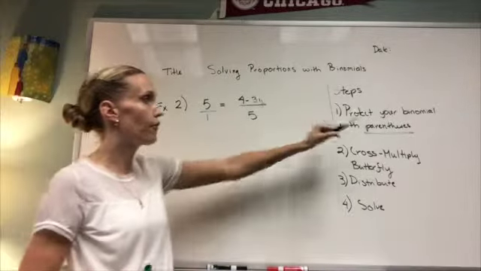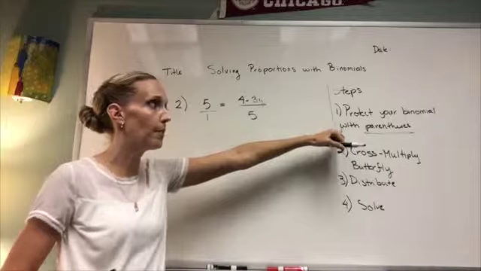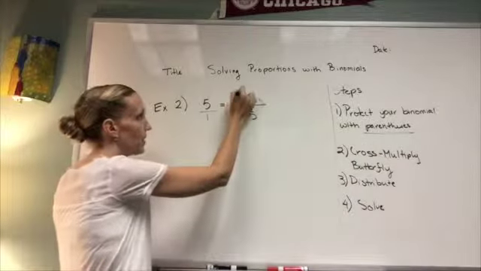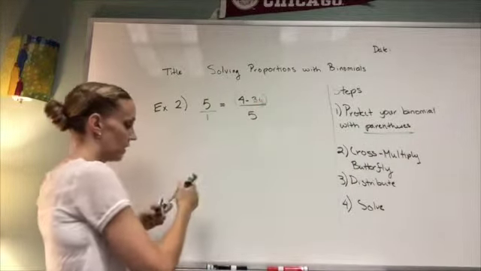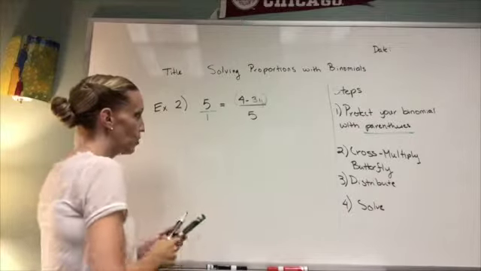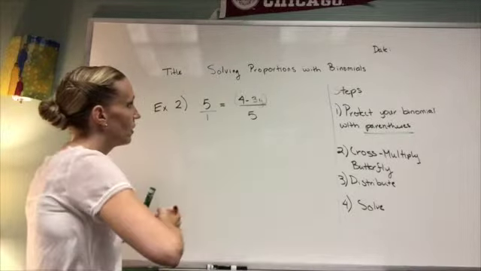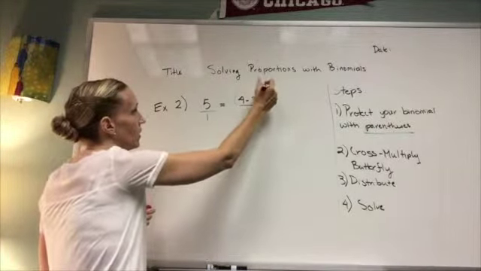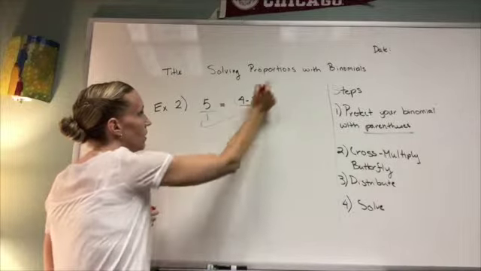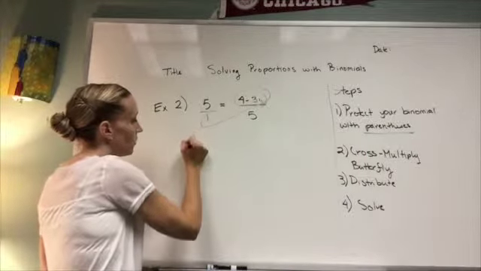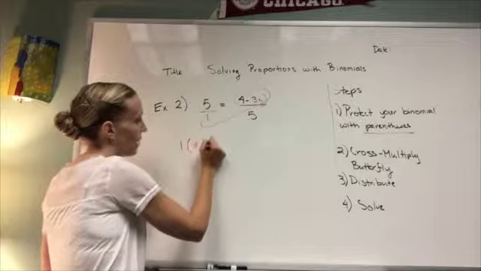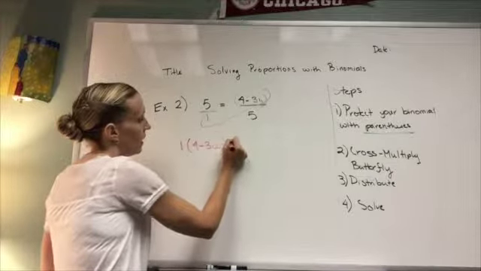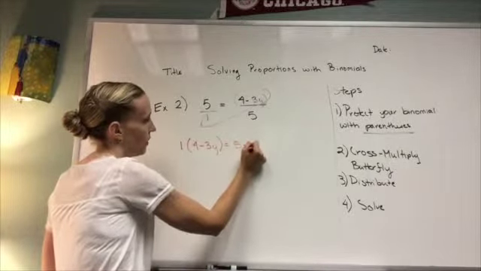And now I'm going to follow my steps. I'm going to protect my binomial by putting parentheses around it. And then I'm going to butterfly it up. So I get 1 times parentheses 4 minus 3y equals 5 times 5.